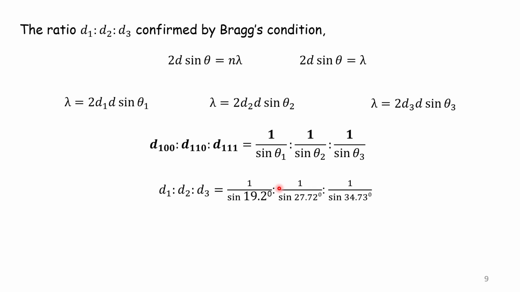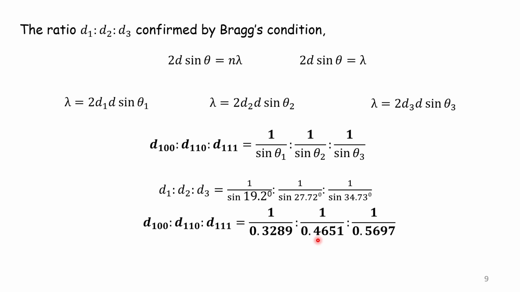By substituting the values of the glancing angles theta 1, theta 2 and theta 3, we can write d1 : d2 : d3 is equal to 1 divided by sin 19.2 degree : 1 divided by sin 27.72 degree : 1 divided by sin 34.73 degree.